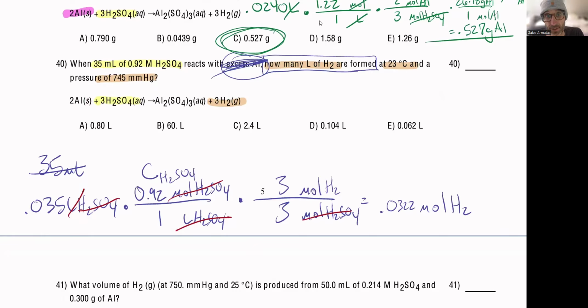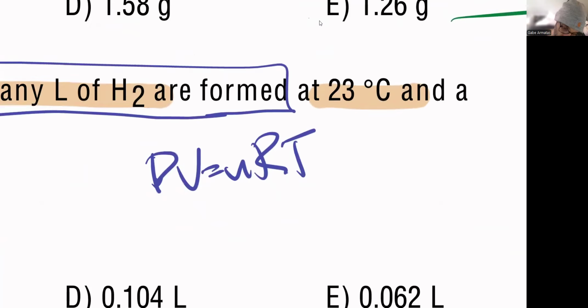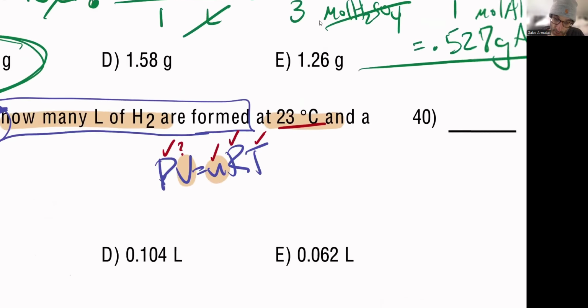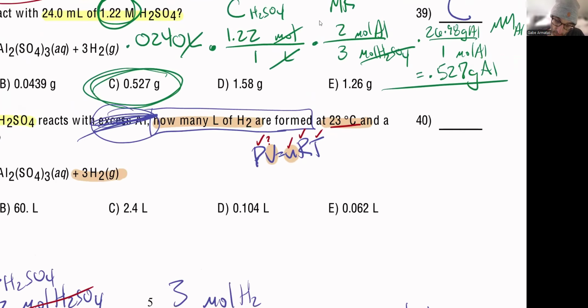Because it's a gas, we are going to use PV equals nRT. PV equals nRT allows me to convert back and forth between volume and moles. What I'm looking for is volume. I just solved for moles. I have R, I have temperature, and I have pressure. So now we're just going to plug into this and solve for what we need.